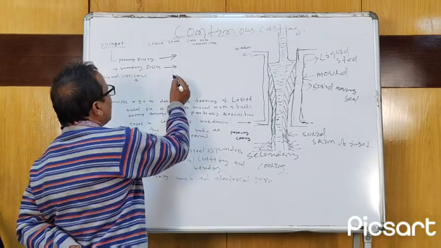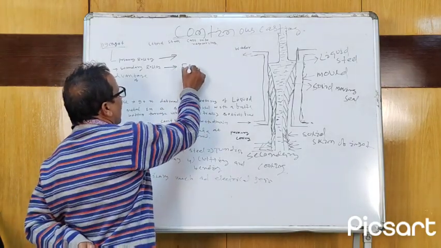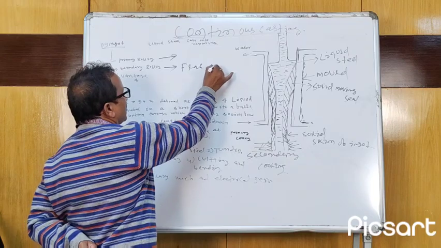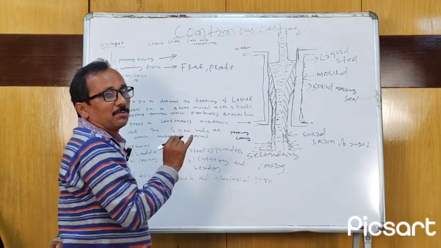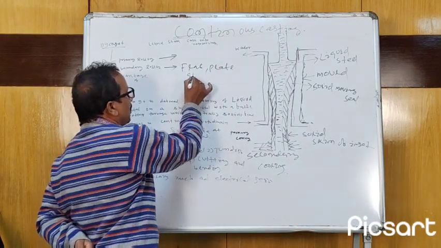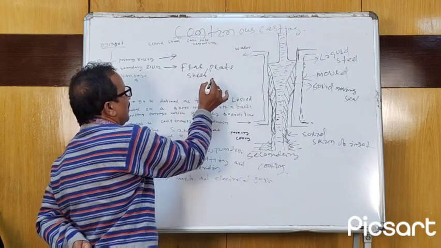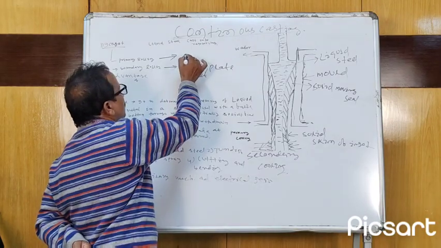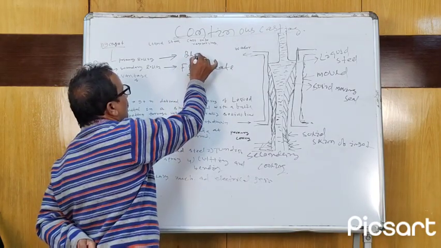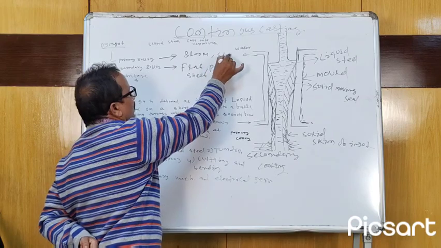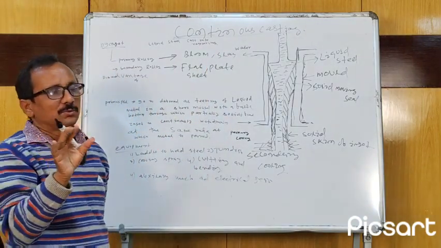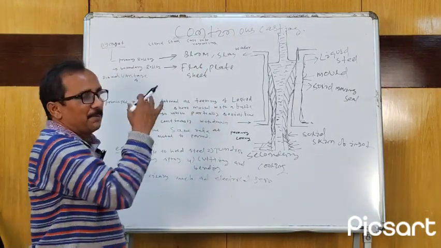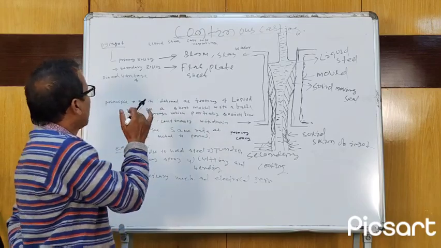In secondary rolling mills, we will get flat products, plate and sheet. And from the primary rolling mills we get blooms and slabs. These are the different products we get from primary and secondary rolling mills.